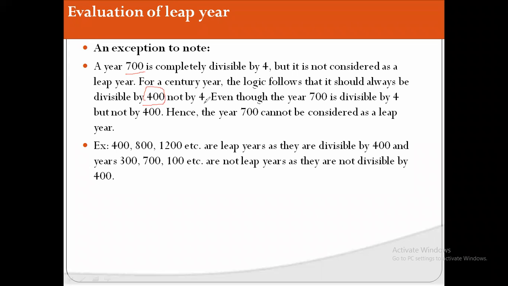So see, 700 is a century, like 100 is a century, right? 4 ones are 4, 4 sevens are 28, 4 fives are 20. But it is not a leap year because it is not divisible by 400. 700 by 400 gives 3 as the remainder.